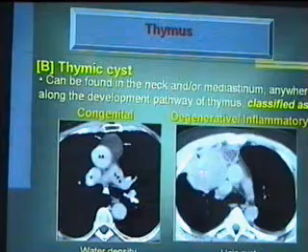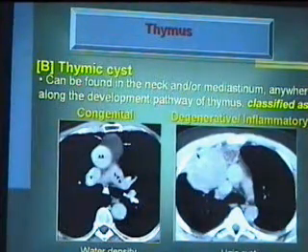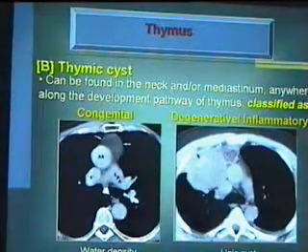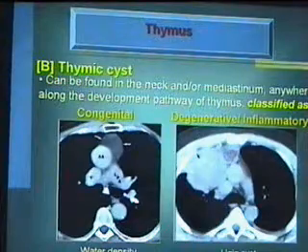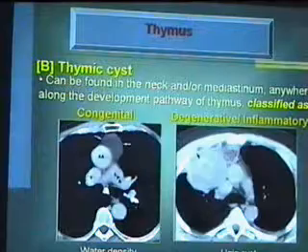It looks like soft tissue, but when I measure its Hounsfield units I find it tends toward a cystic component. Sometimes it is very close to a soft tissue component.